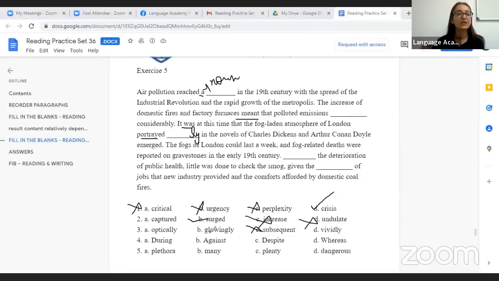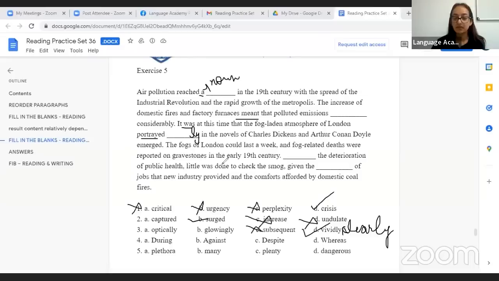Glowingly has more to do with lights. Optical is related to eyes. So it will be vividly. The meaning of vividly is clearly. This is also a very common word that can come in the exam, in blanks or reorders. So clearly means vividly.